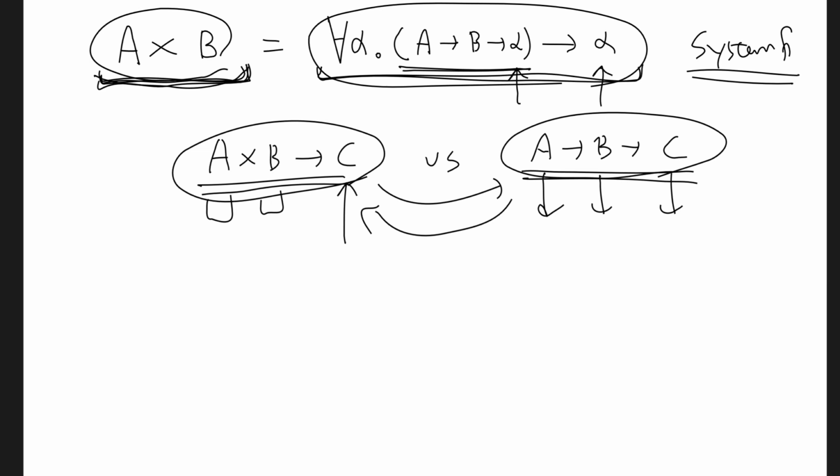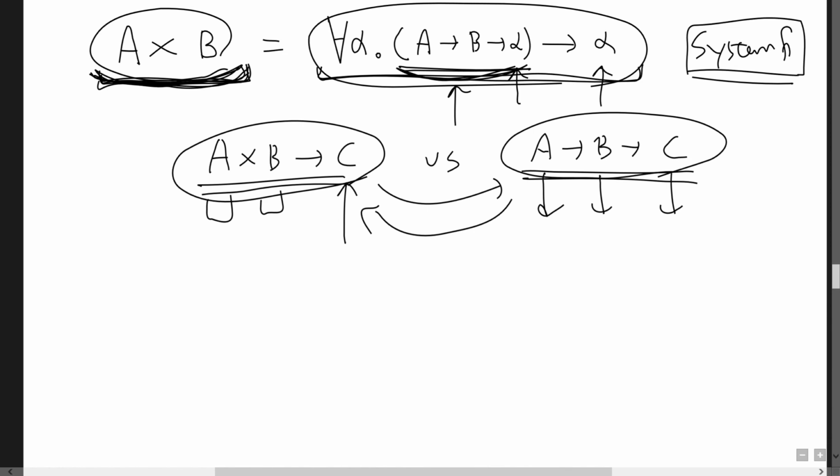So we see that something similar is going on. This product type is indirectly expressed in terms of this curried function. So this is how we encode product type in system F.